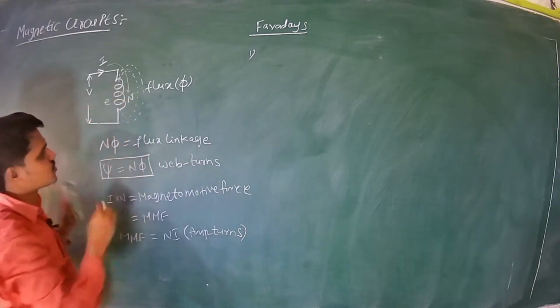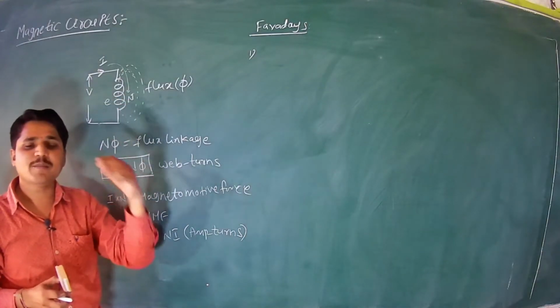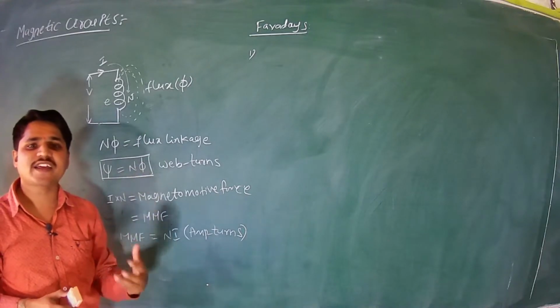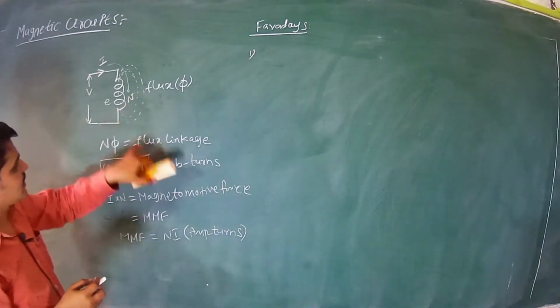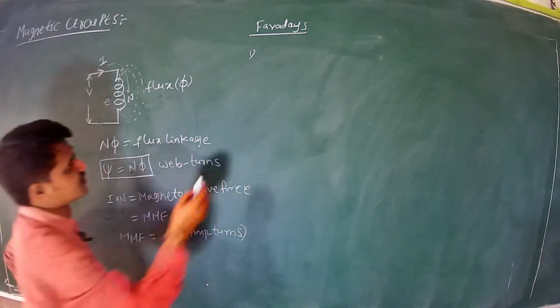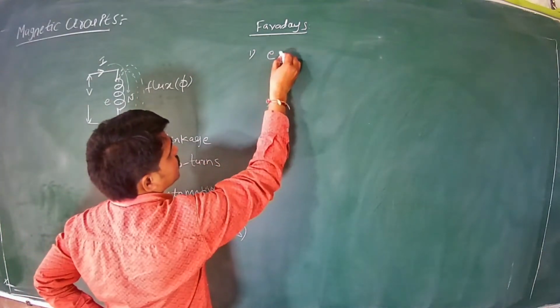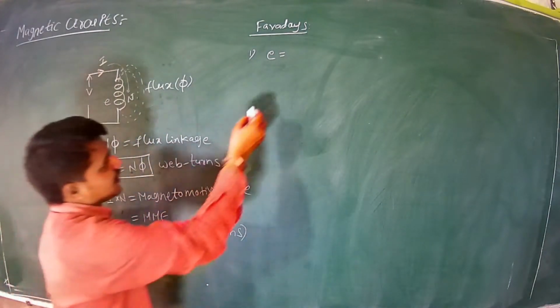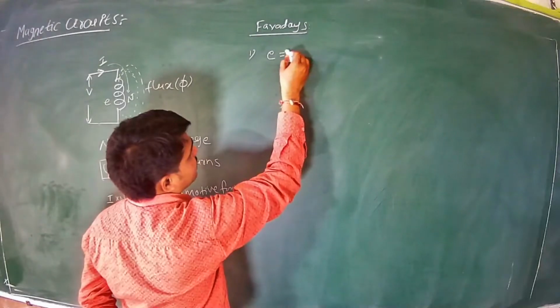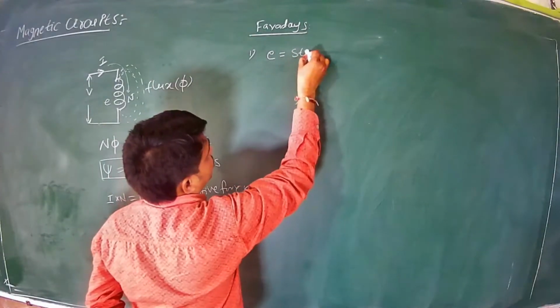That EMF we are calling a statically induced EMF. So whenever the flux linkage changes, voltage is induced in this coil. That is called EMF, the statically induced EMF.